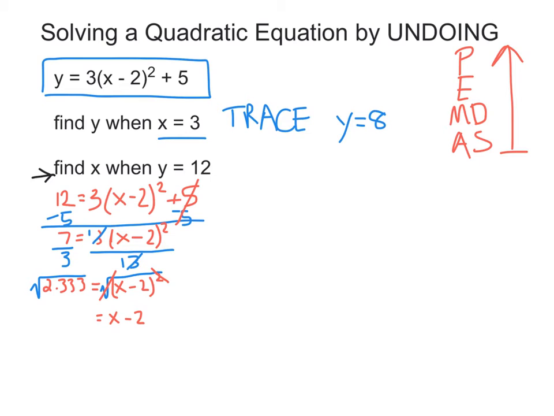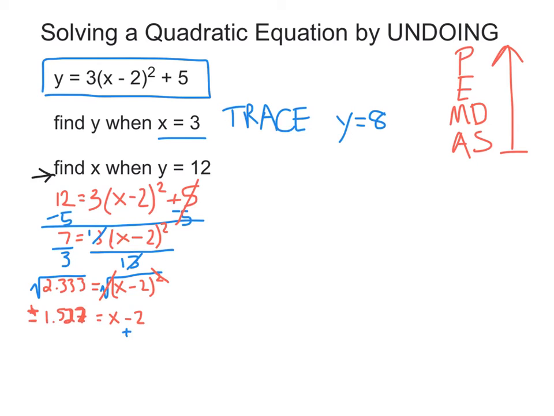And when we square root this side, we have to remember that we get a plus or minus answer here because positive or negative 1.527 will give us 2.333 when we square it. So we need that plus or minus, and then we square rooted 2.333 and got 1.527. Or, I'm sorry, that should be 1.527.